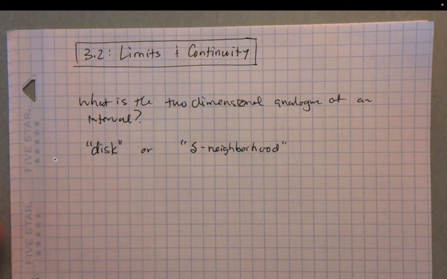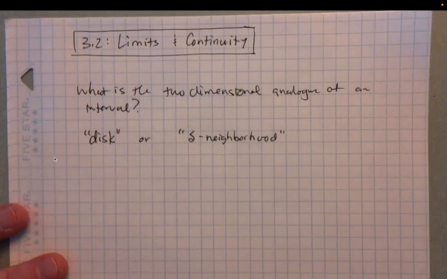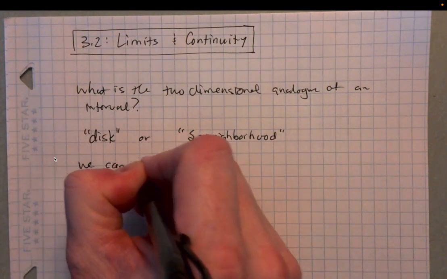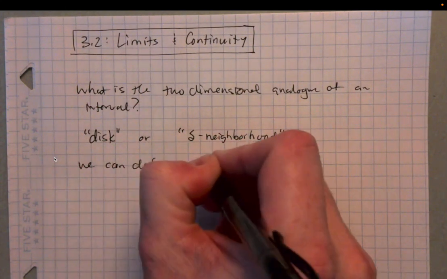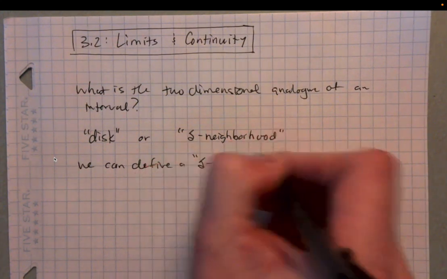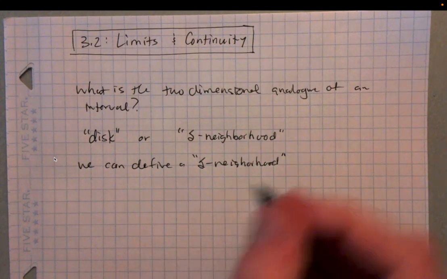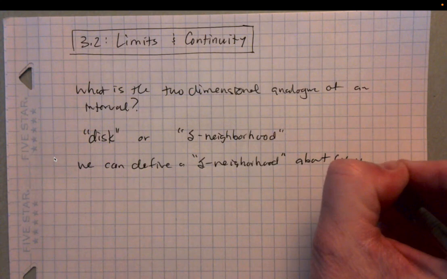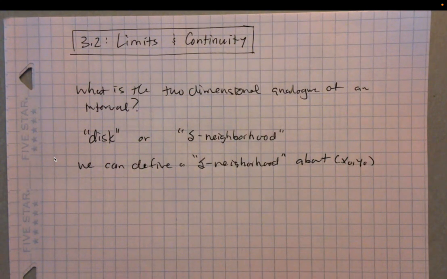And so let's define a delta neighborhood here quickly. A delta neighborhood about a certain point just means centered at that point.